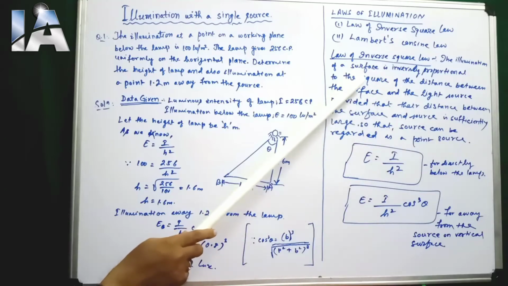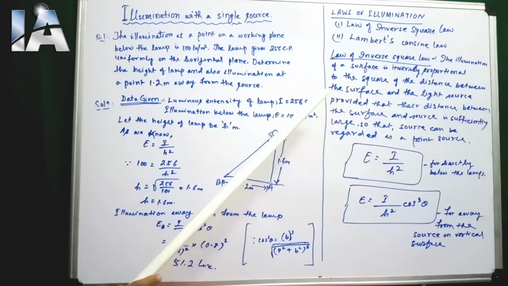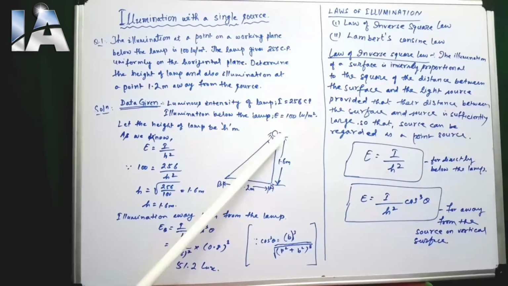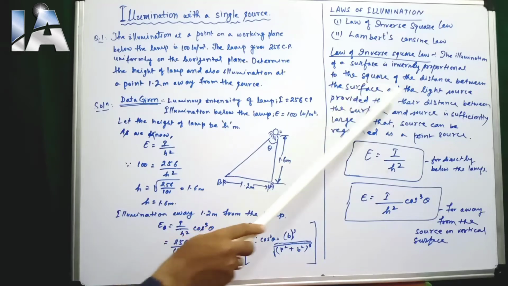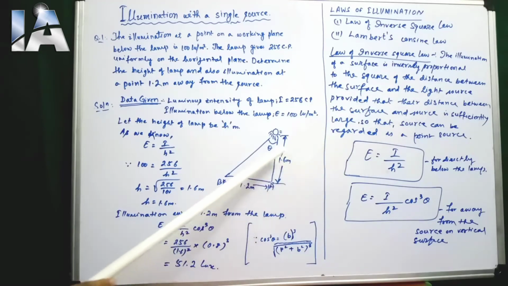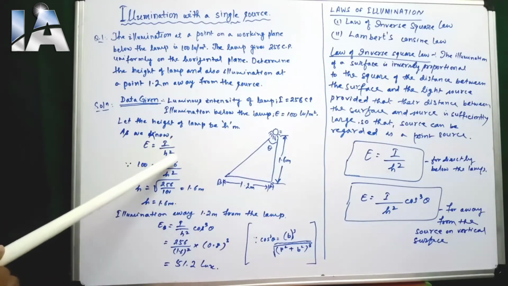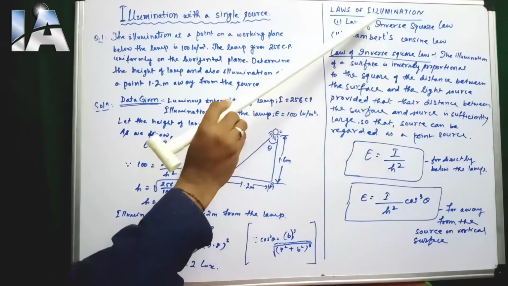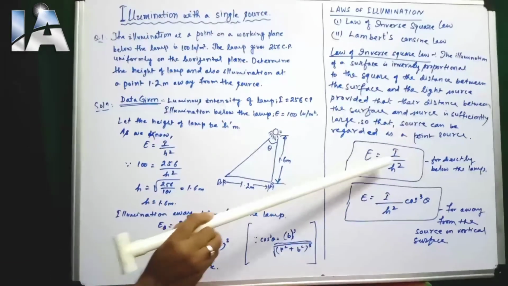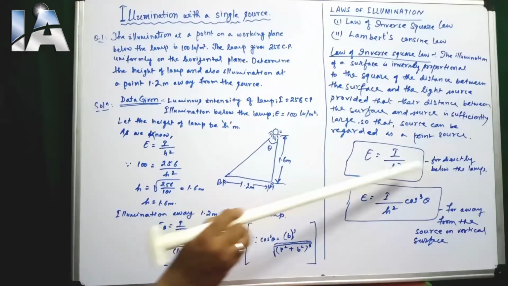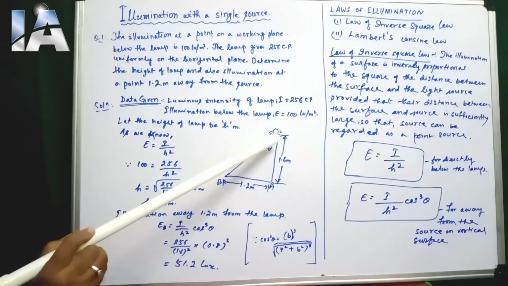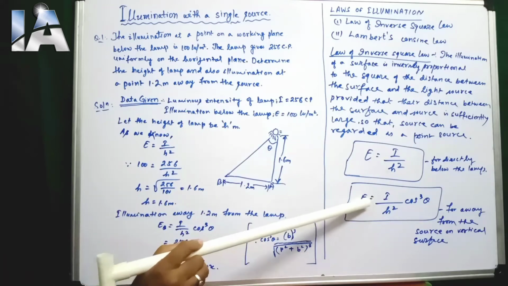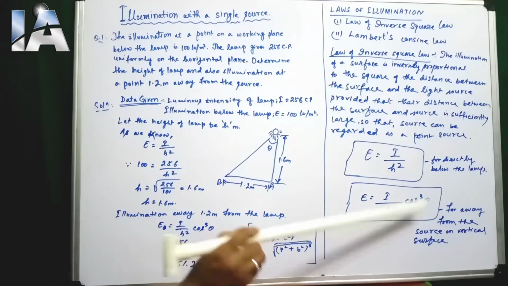So the first law gives E is equal to I by h square directly below the lamp. If you go away from the source, the illumination will be E is equal to I by h square cos cube theta.